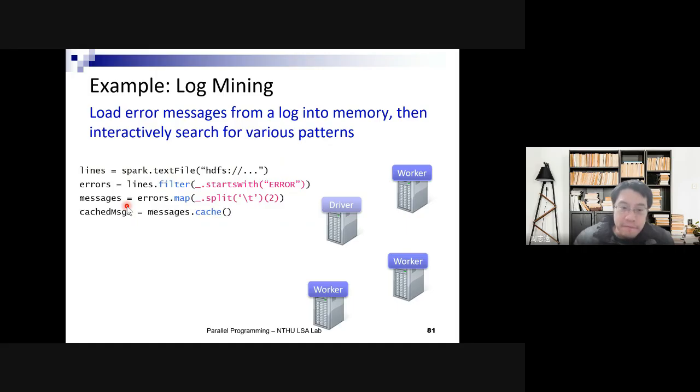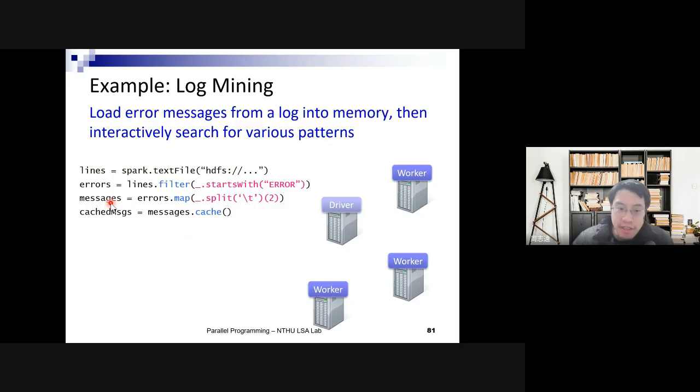And then this messages data set we will try to cache. The reason is because later on we will iteratively analyze this data set for different data analytics purposes. So we will reuse this data.